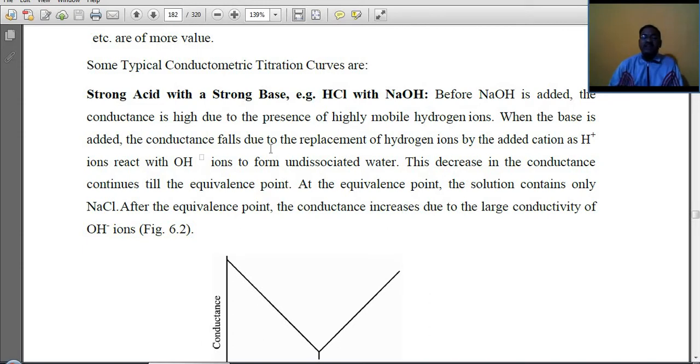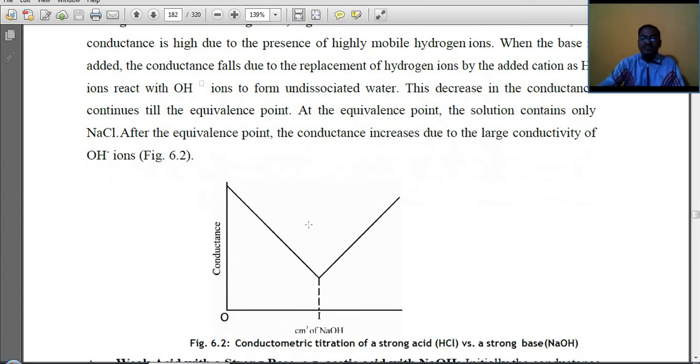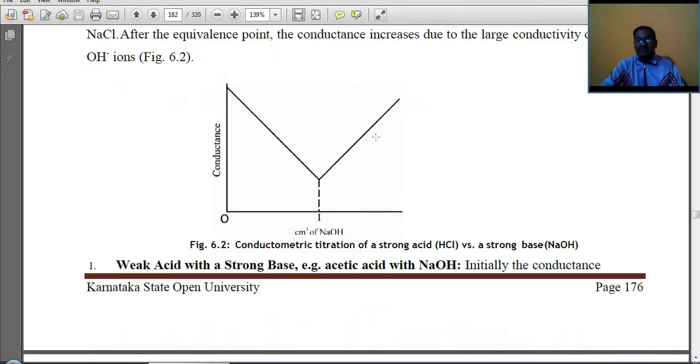This decrease in conductance continues till the equivalence point. Again we add sodium hydroxide. At the equivalence point, the solution contains only sodium chloride. After the equivalence point, the conductance increases due to the large conductivity of the OH minus ion.